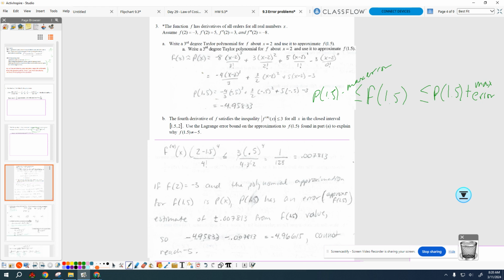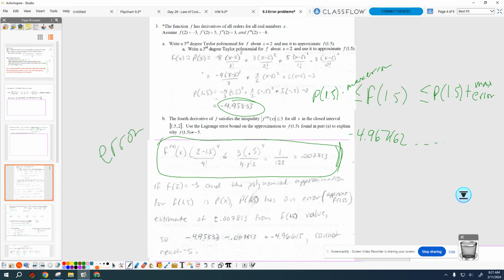So you just calculated up here the polynomial's value. Down here, we just calculated the most you could be wrong is by this much. Add and subtract that much, and it doesn't hit -5. Tom told me the number, -4.96716 something. So we don't need that first part, that's like if two people can agree. I need to see that you calculated the error. No, but I mean like on the writing.